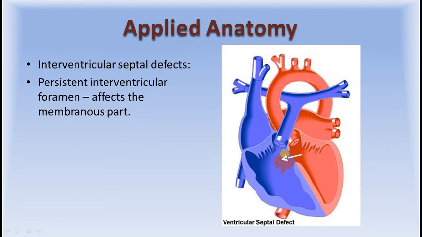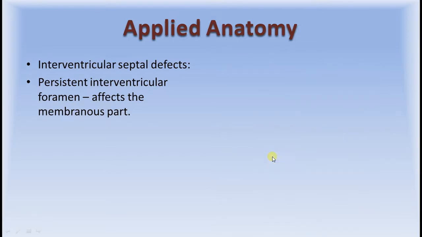So there is mixing of the oxygenated and deoxygenated blood, and the baby might become cyanotic, a blue baby, because deoxygenated blood is supplied via the aorta to the systemic circulation.